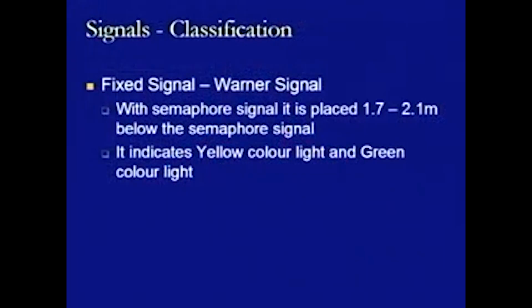It indicates yellow color light and the green color light instead of a red color light and a green color light being given out of a semaphore signal, because this is a caution signal. It is not defining the stopping of the vehicles, it is defining the restriction on the movement of the vehicle in terms of its speed. That is why it is yellow in color or green in color.